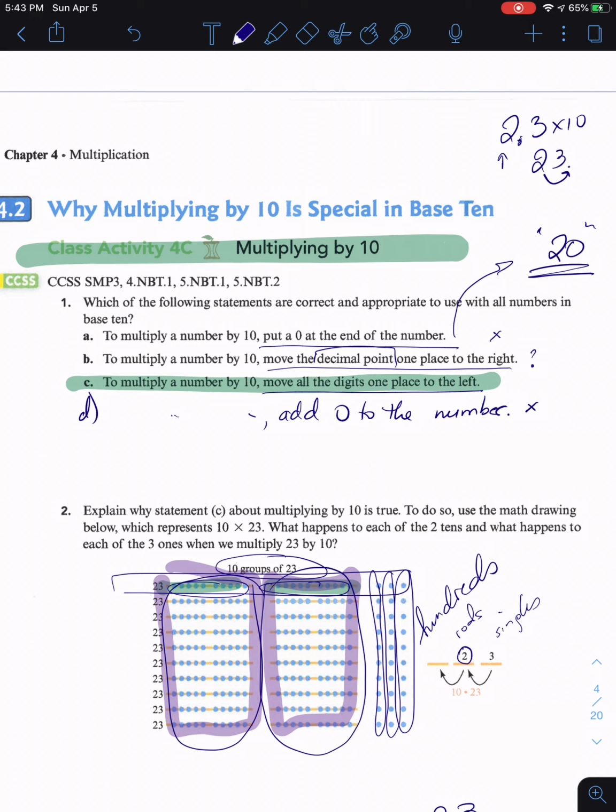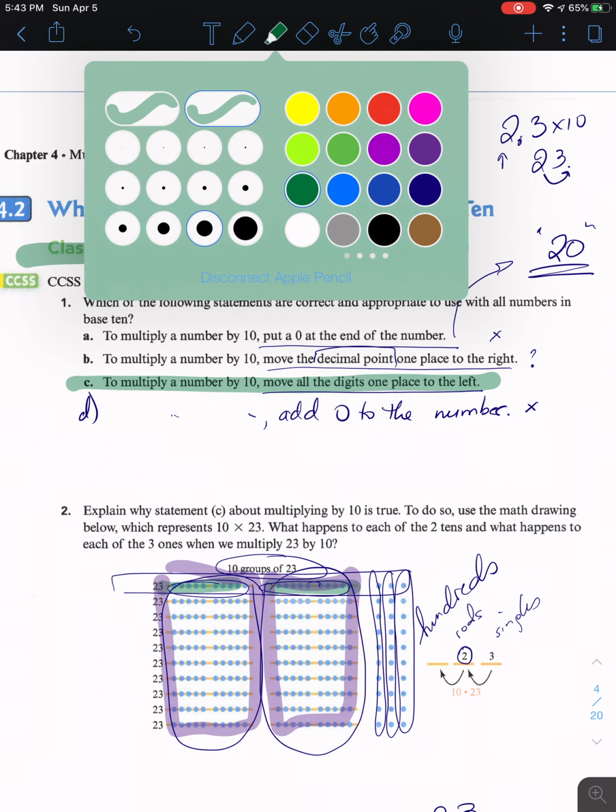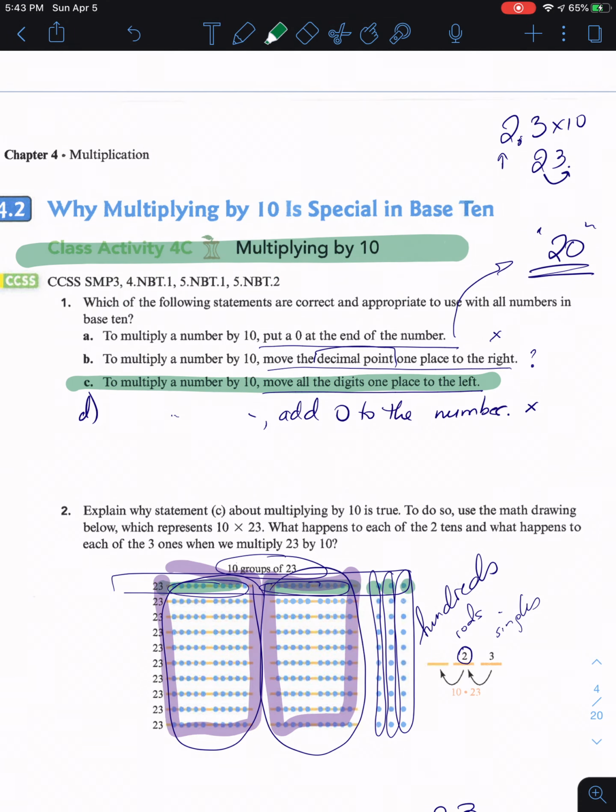And this digit 3, instead of representing 3 singles, after multiplication is going to be representing 3 rods, because we'll have 10 groups. So that 2 started off representing rods or groups of 10. After multiplying by 10, it's now going to be representing groups of 100.